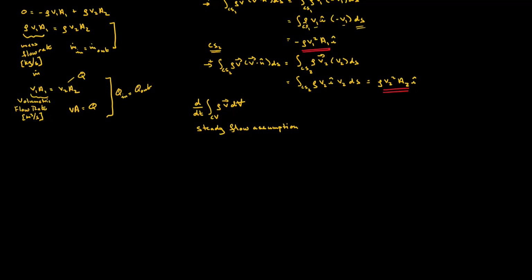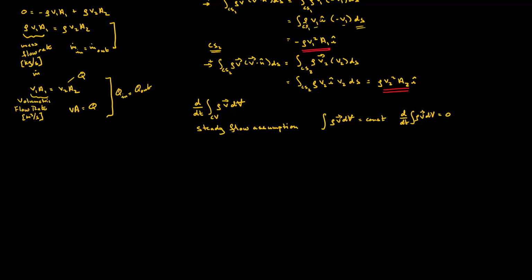So what this states is that the amount of momentum inside the control volume is constant, so that d by dt of rho v dv will be equal to 0. So this is a steady flow assumption, and this is often the case in many fluids problems.